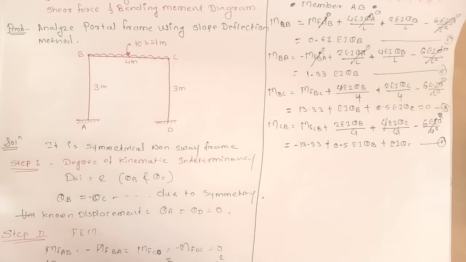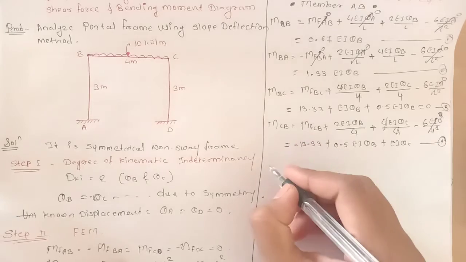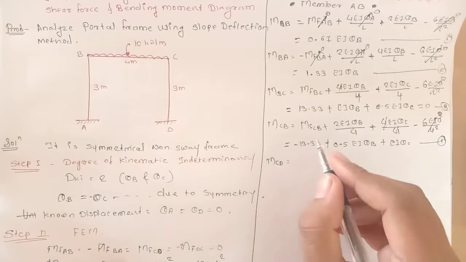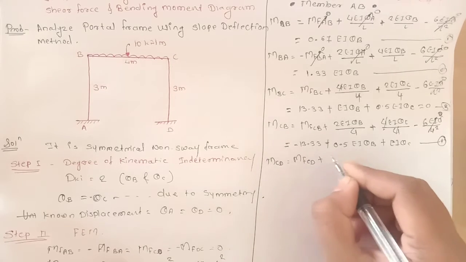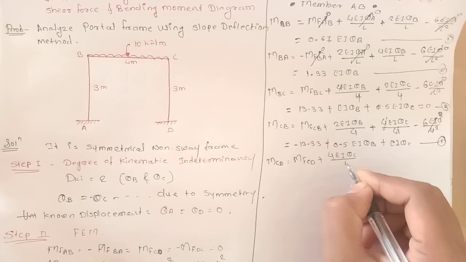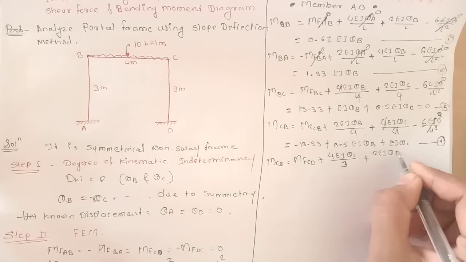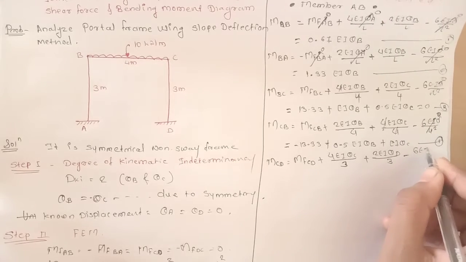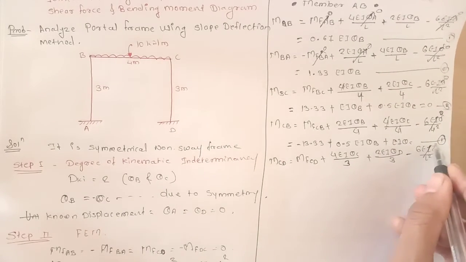And after that, take the CD member. The slope deflection equation for member CD is, the formula is fixed moment for member CD plus 4EI theta C divided by length 3 meter, plus 2EI theta D divided by L minus 6EI delta divided by L square. Here the delta term is 0.